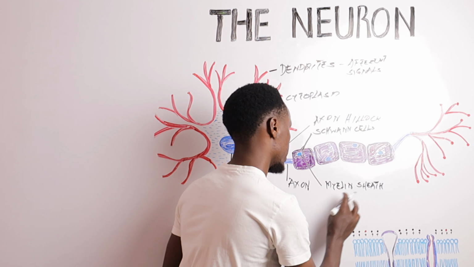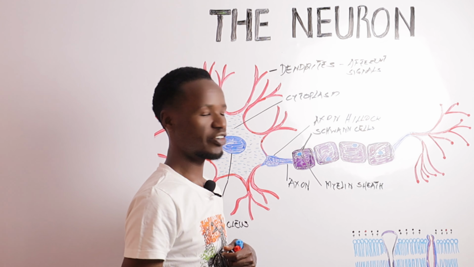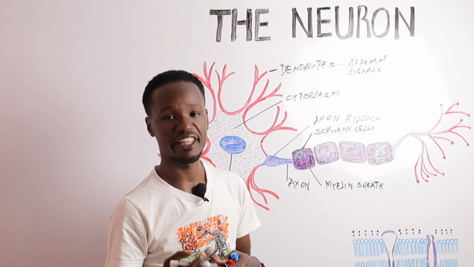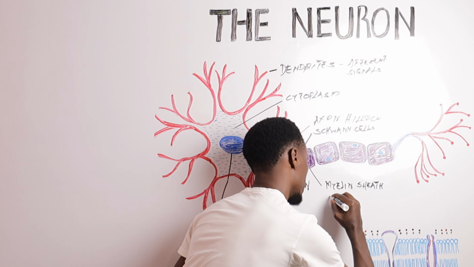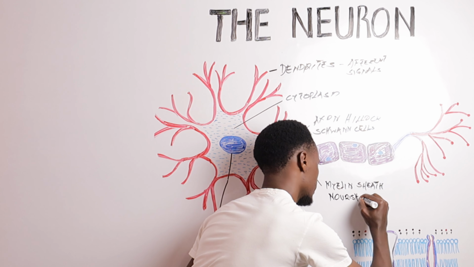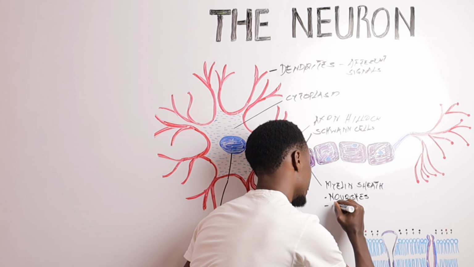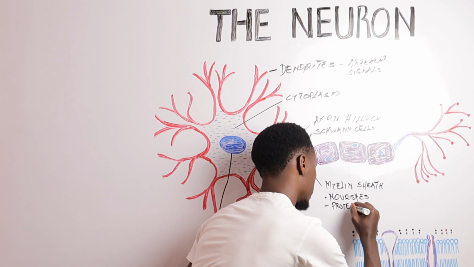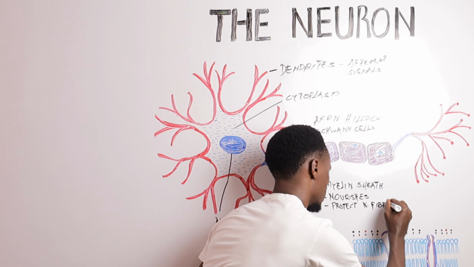It is the fatty white matter that insulates this axon simply because it is carrying electrical signals. The other job that these Schwann cells do is that they also nourish the nerve fiber, and at the same time they protect the nerve fiber.